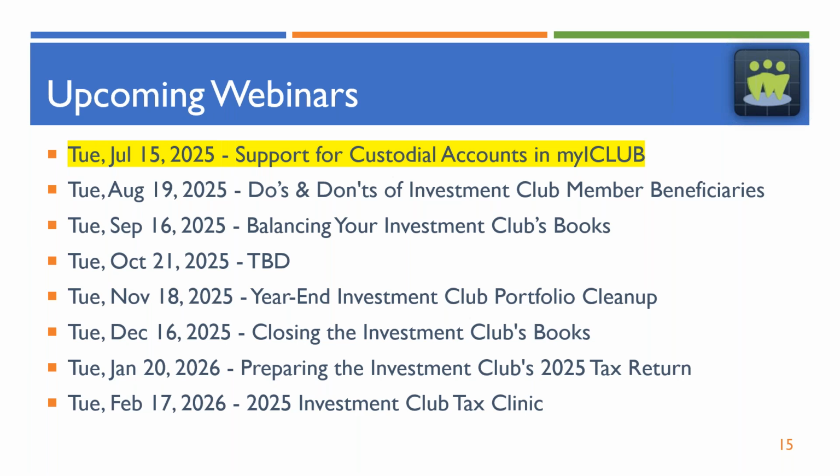September, balancing the club's books. Tuesday, or I should say November 18th, we've got the year-end investment club portfolio cleanup. I think that's going to be a popular one. And closing towards the end of the year and beginning of early next, we've got closing the investment books, preparing the club's 2025 tax returns, and the 2025 investment club tax clinic.